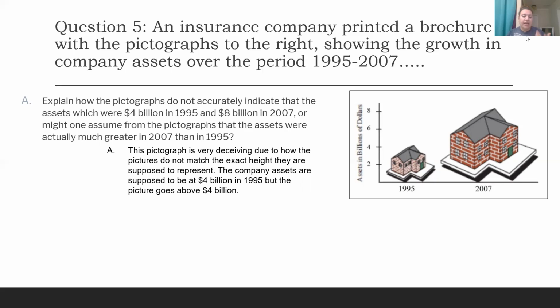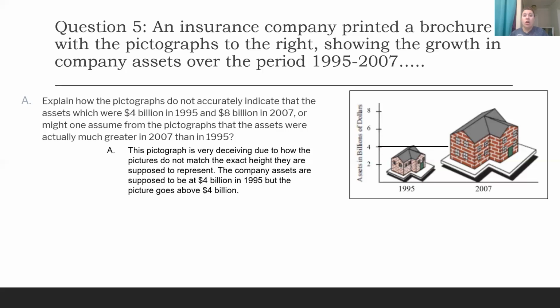It's because the pictures don't match the exact height they're supposed to represent. The company assets are supposed to be at 4 billion in 1995, but the picture goes above 4 billion. If you look here, I actually placed a bar, and you can see that the house is actually over the bar. So that could say that it's over 4 billion, and people might get the wrong idea.